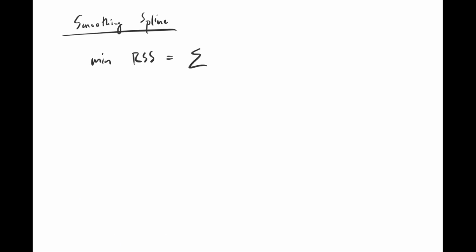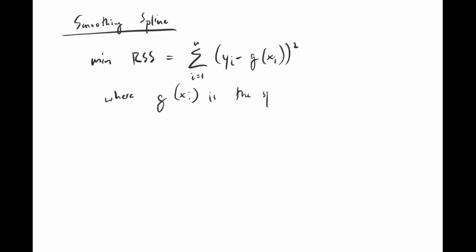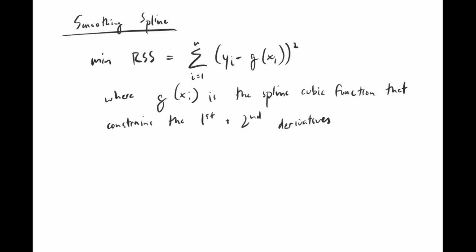And in the case of splines, you have something that looks like this, yi minus g of xi squared, where g of xi is the spline, a cubic function that constrains the first plus second derivatives to be continuous.